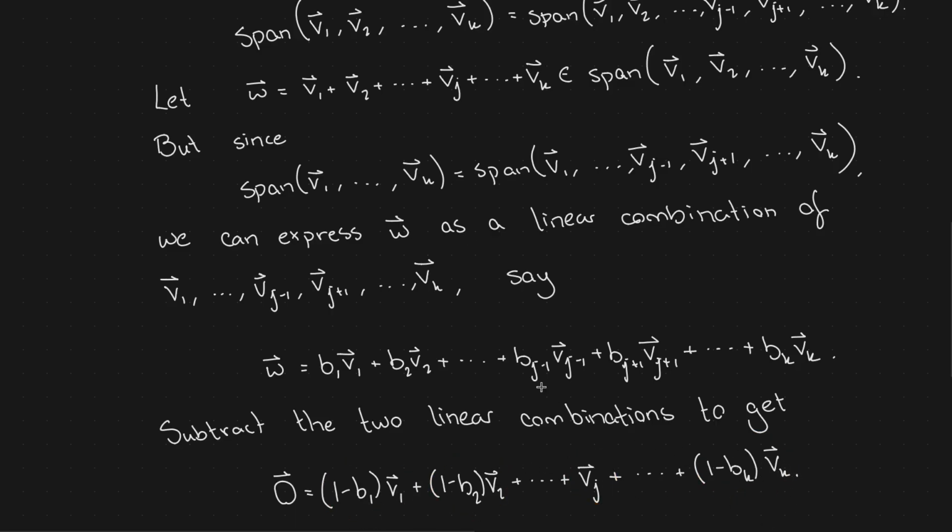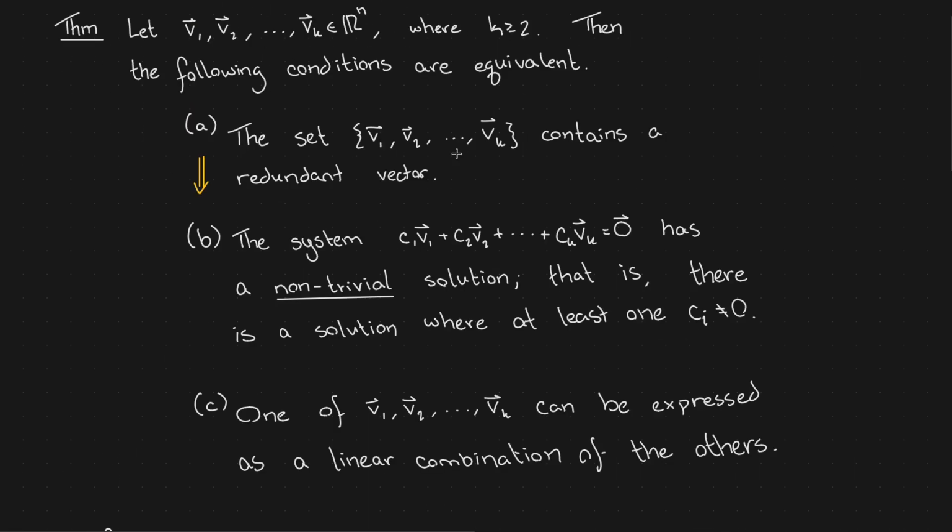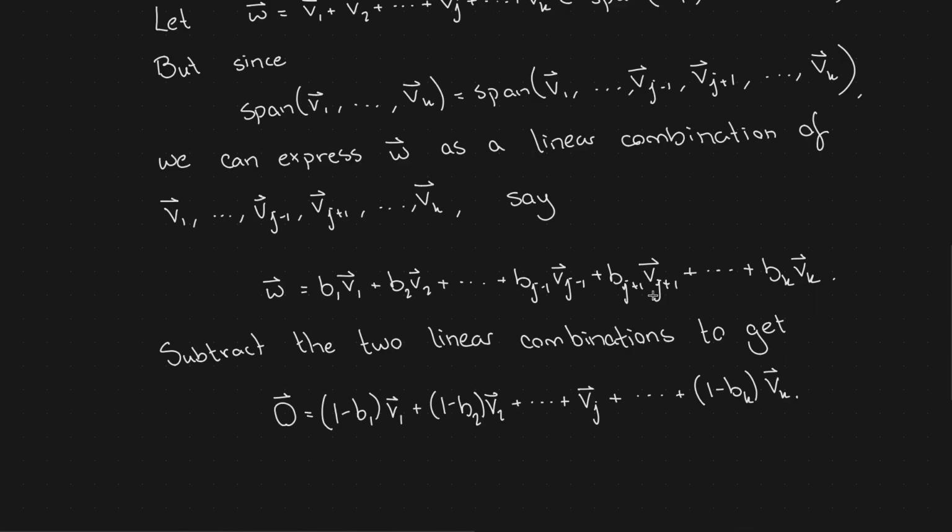Okay? Now, what were we trying to prove again? We're trying to prove part B here, that this system has a non-trivial solution, so that I could set it equal to 0 where not all of these coefficients are 0. Well, hey, look at this. This is equal to 0, isn't it?